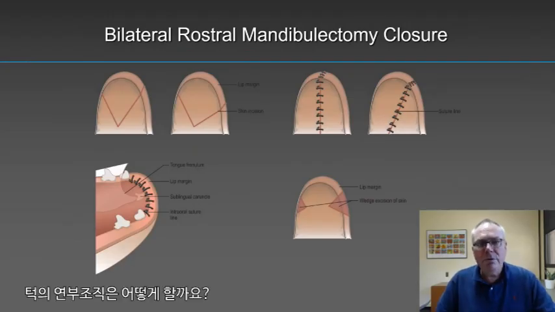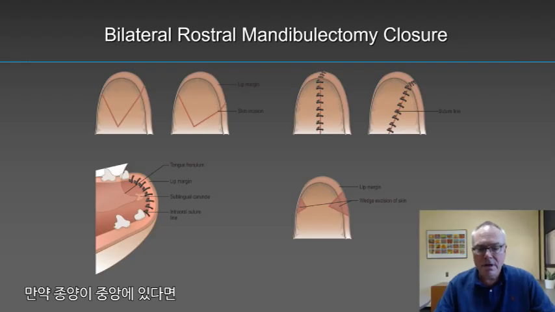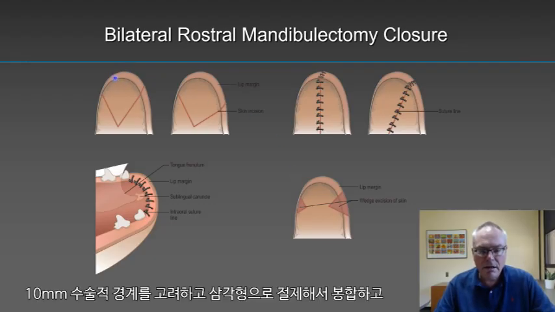What do we do with the soft tissues of the chin? Well, that is often determined by the extent of the tumor type. So if the tumor is located in the midline, we will probably excise a triangular piece of skin as part of our 10 millimeter surgical margin.